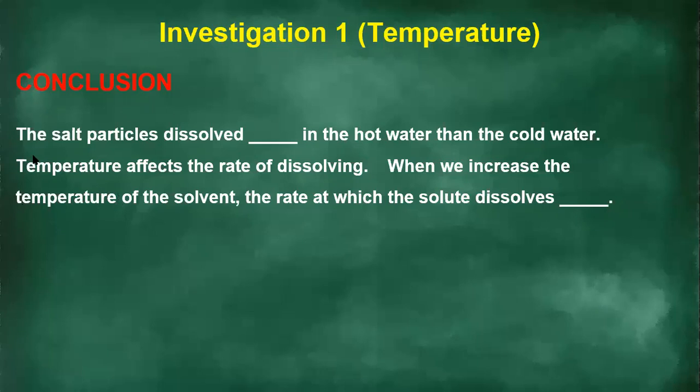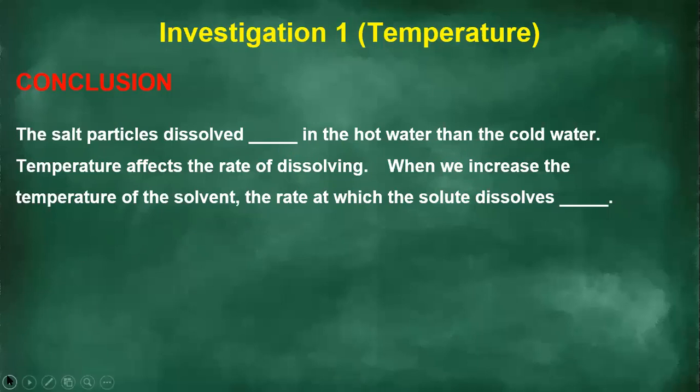Okay, so now let's not talk about what we want to become when we grow up. Let's focus on the investigation and the results of the investigation. So we concluded that salt particles dissolve faster in hot water than cold water, and temperature affects the rate of dissolving. And when we increase the temperature of the solvent, the rate at which the solute dissolves is faster.